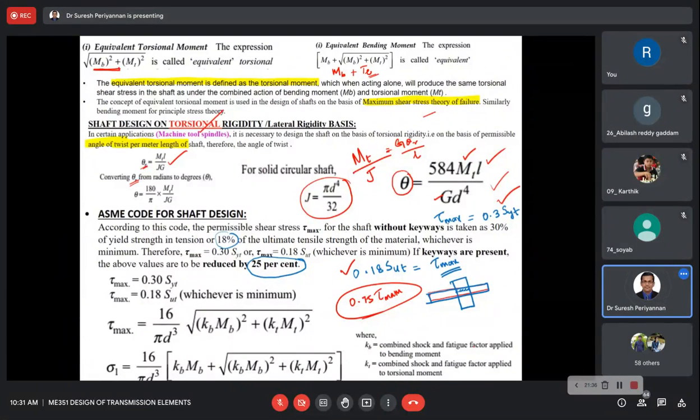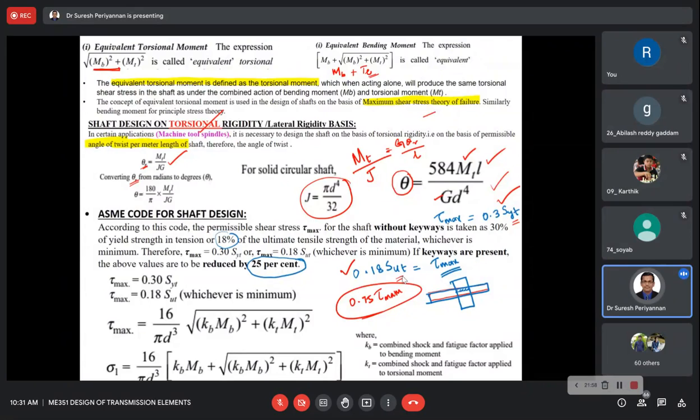Now, 18% of the ultimate strength of the material, in both, which one is minimum? First, we have to use both concepts, 0.3 times and 0.18 times. Then whichever one is minimum will be considered, and that will be multiplied by 0.75.